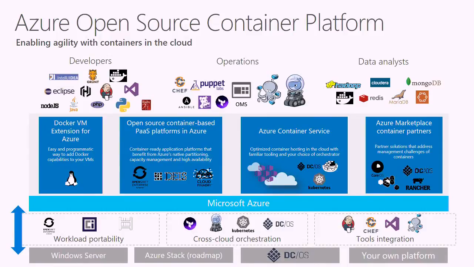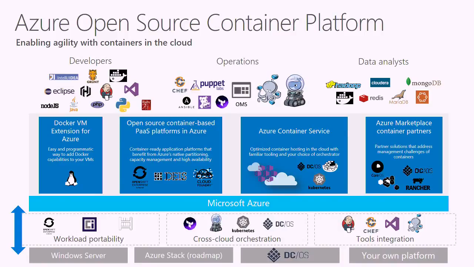So as we look at Azure for running containers, these are the more Docker-native solutions that we have on Azure. At its simplest, you can run Docker in a virtual machine. You could install that yourself, or you could use virtual machine extensions, which would automate the install for you.